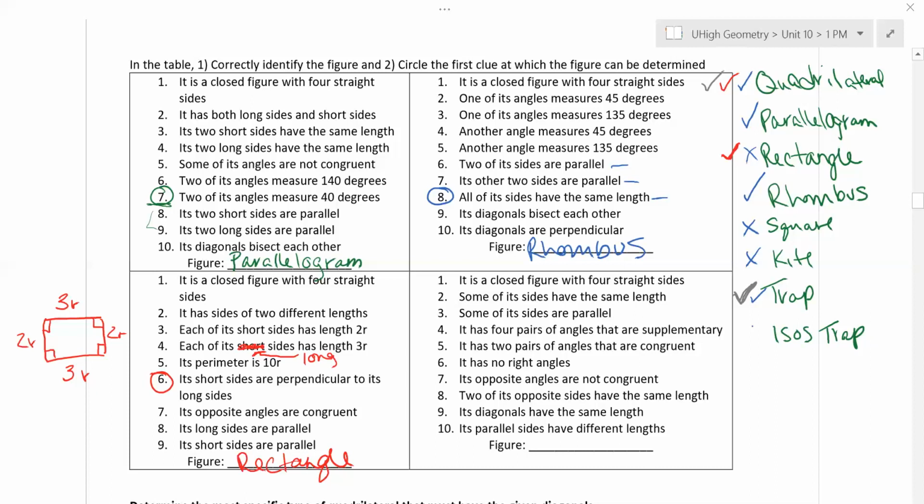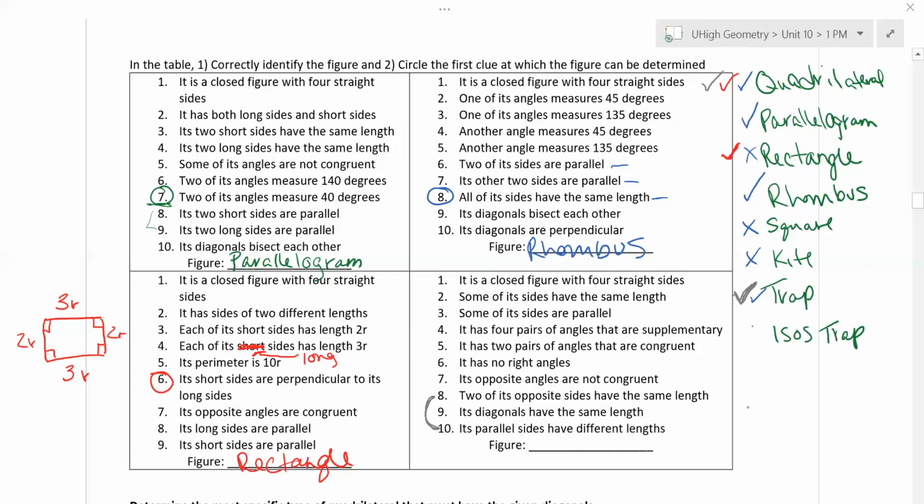Number 9 says its diagonals have the same length. And number 10 says its parallel sides have different lengths. So now I want to take a look at number 8 and number 10 together. Number 8 says 2 of its opposite sides have the same length. And number 10 says its parallel sides have different lengths.